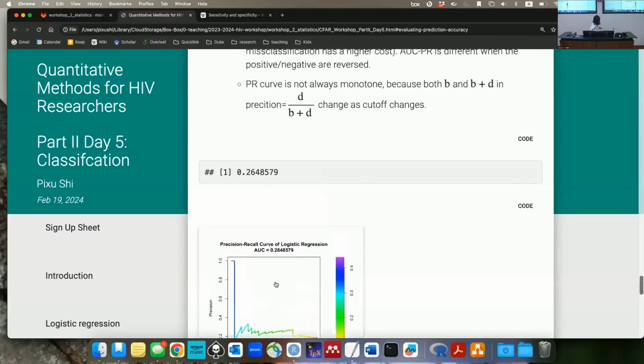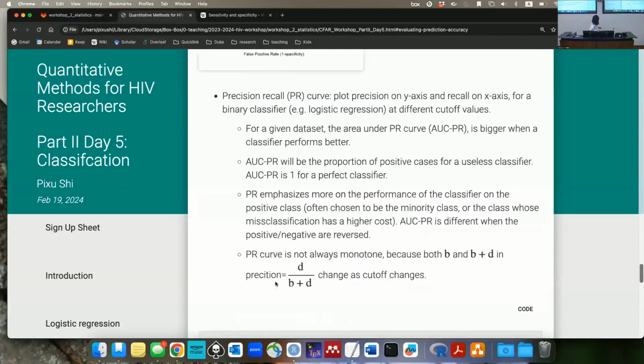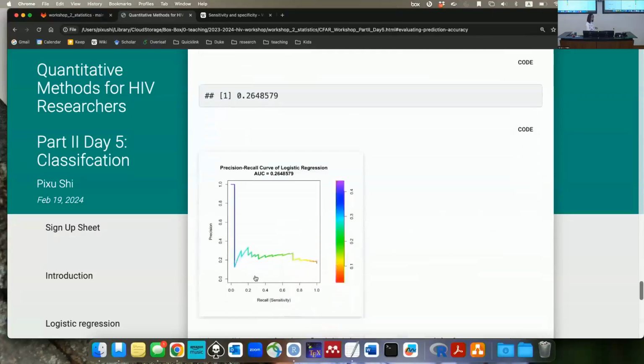And instead of compared to 0.5, you're going to compare to the proportion of positive cases. So the worst you can do is not 0.5 for the area under the curve. It's the prevalence of your positive cases. In this case, it's going to be 0.16.